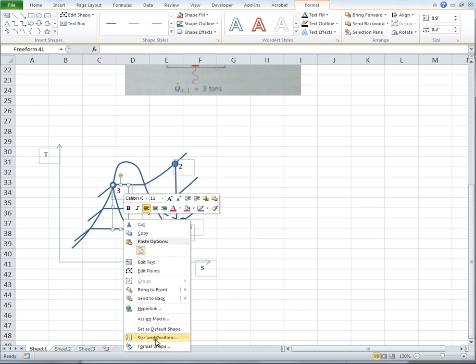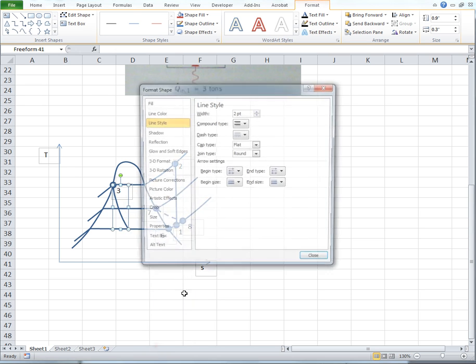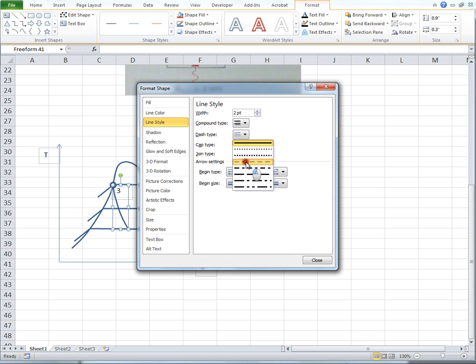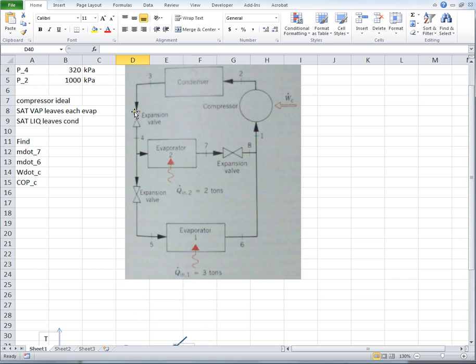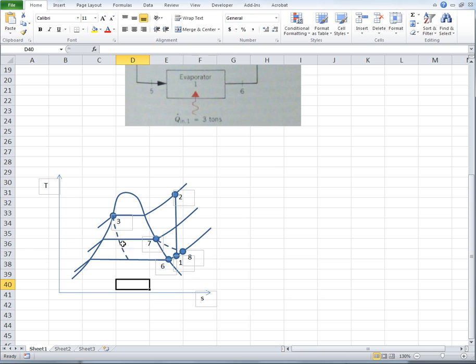In this case, I guess we do know the exact path because it's isenthalpic, it's constant enthalpy. But you see that it's going to be constant enthalpy 3 to 4, but then it's going to continue constant enthalpy 4 to 5. So these states lie on the same constant enthalpy line, and they would look something like this. Here we go. So those would be states 4 and states 5.